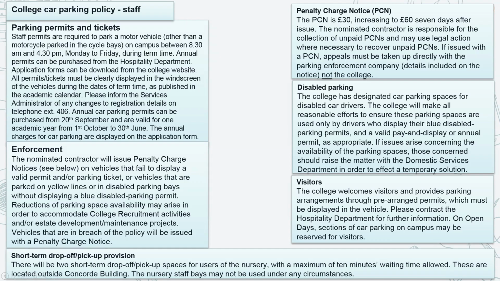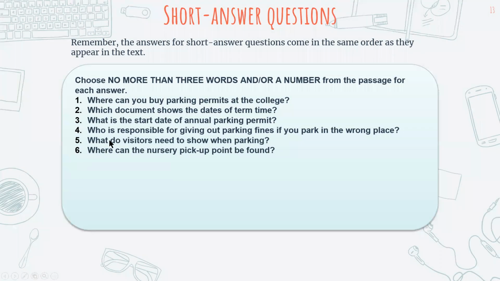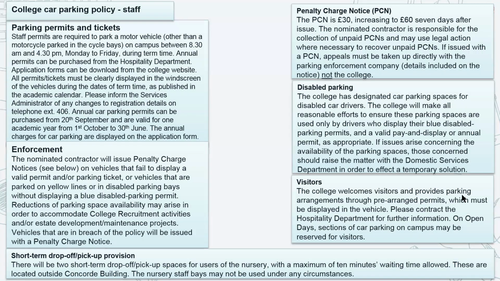Okay. So if you go back to the question, what do visitors need to show when parking? They need to show what? Actually, the answer might not be obvious here, okay? They need to have permits, right? Pre-arranged permits. So before the visitor comes to visit the university, he would most probably call and ask for a pre-arranged permit.